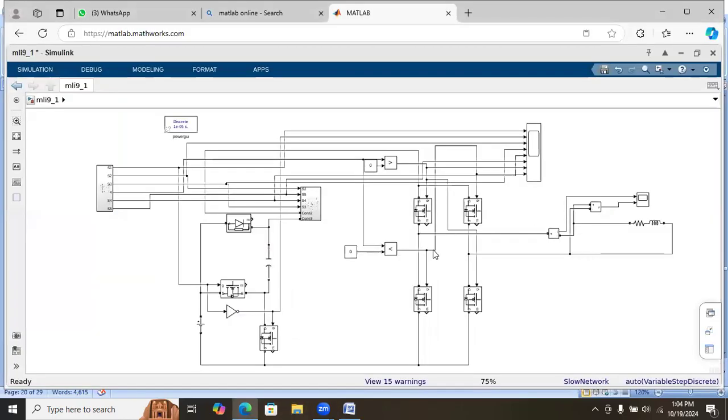This is the simulation circuit of the 9-level switched capacitor based multi-level inverter.